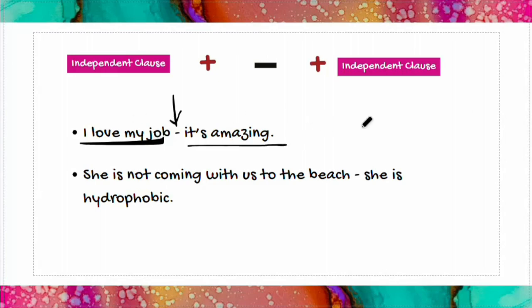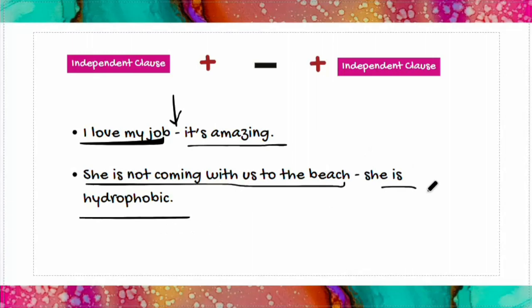This is another way to write a compound sentence. She's not coming with us to the beach; she is hydrophobic. In this compound sentence, you can see that we have two different sentences, but they are complementing each other. So we are connecting them with a dash in between.